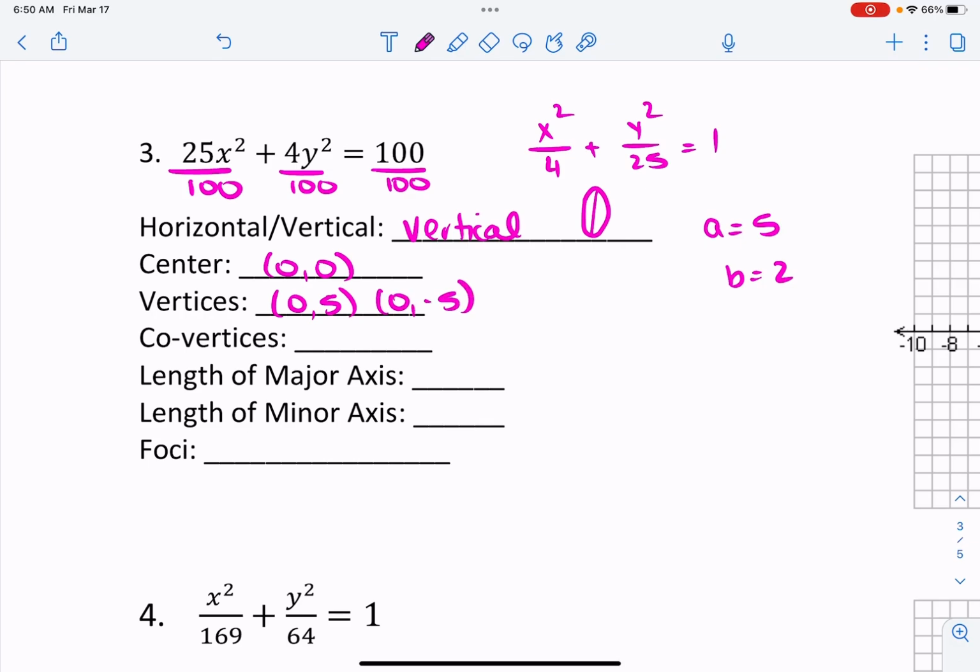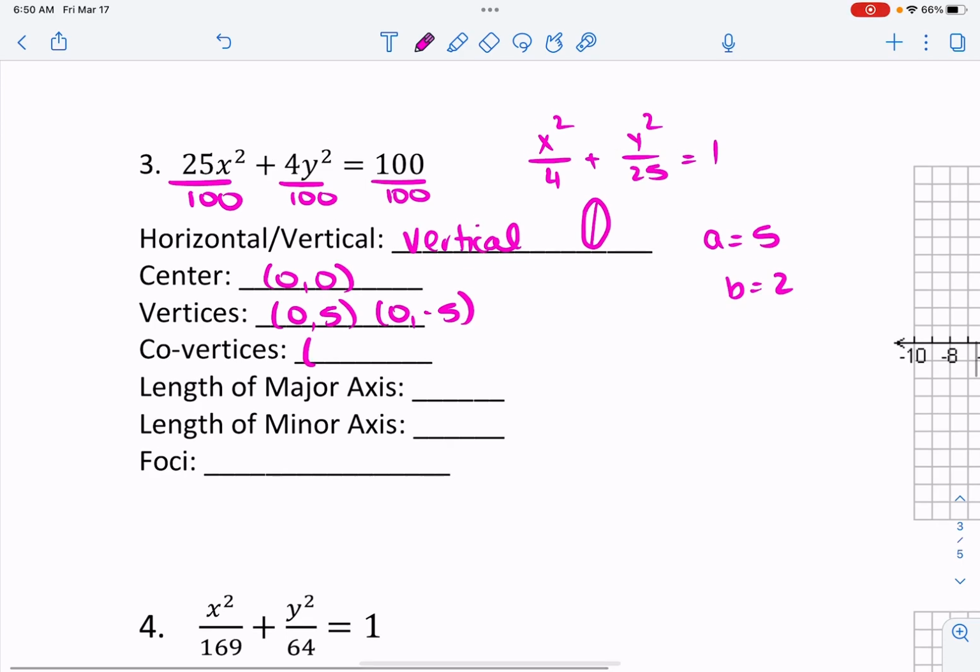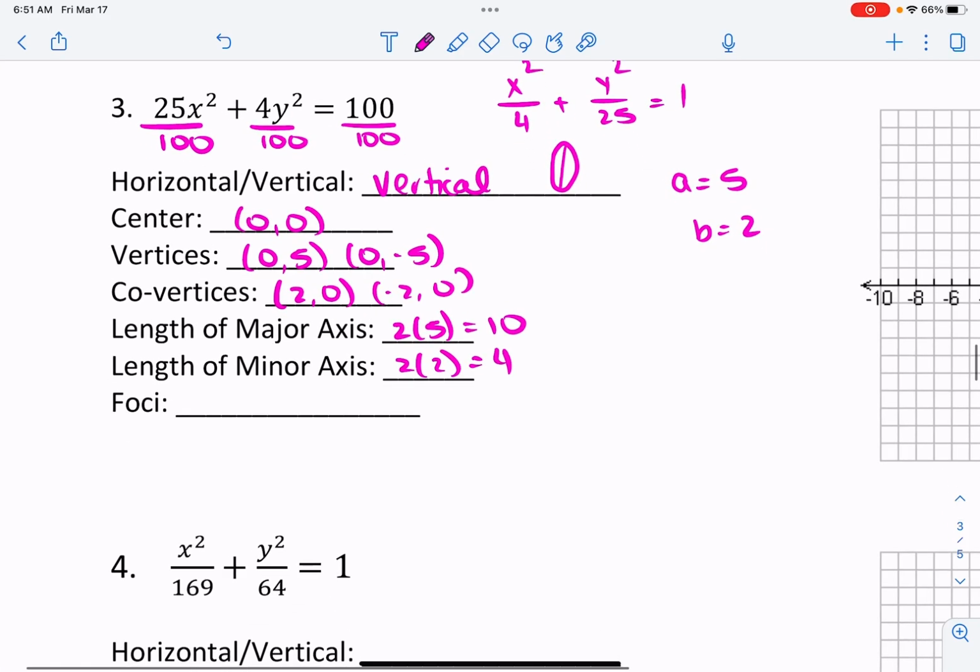The co-vertices, from the center, I have to move 2 units to the right and 2 units to the left. The length of the major axis is 2 times our a value, which gives us 10. Our minor axis would be 2 times 2, which is 4. To get our foci, remember we need to use the formula. So we get c squared is equal to 25 minus 4, which is 21.